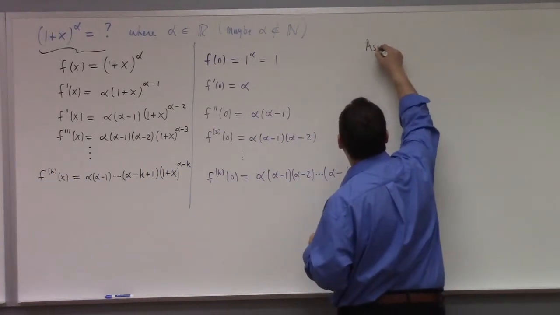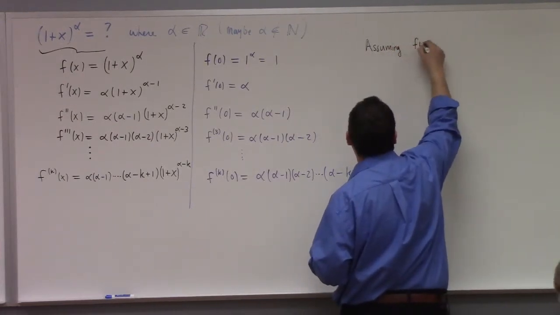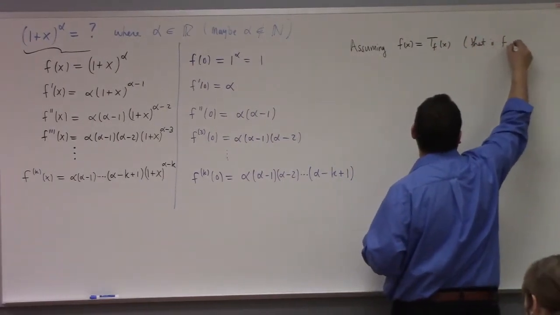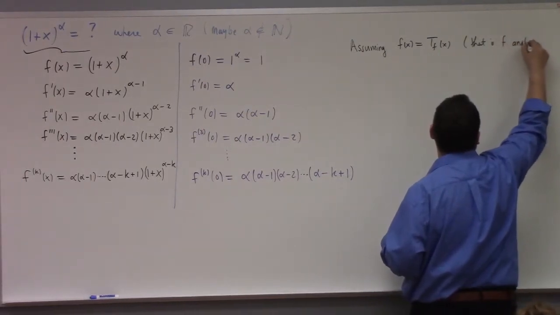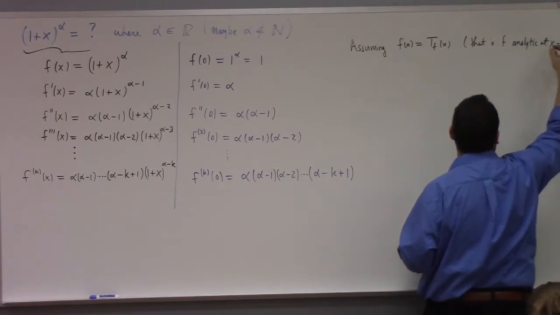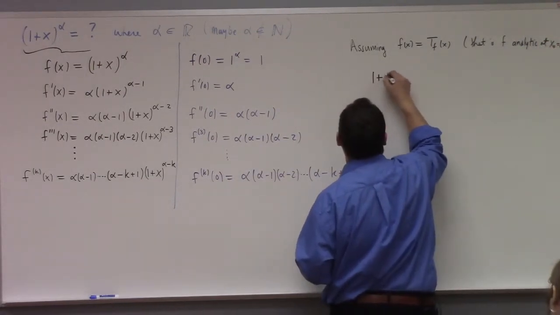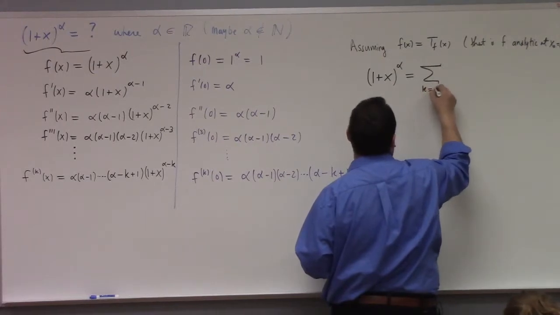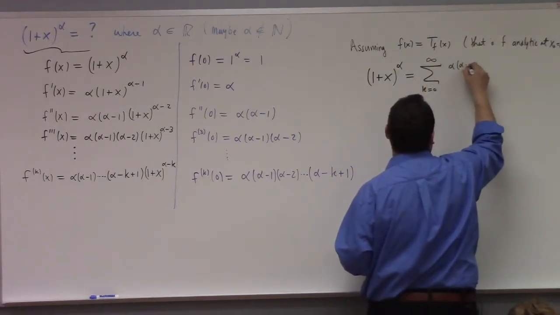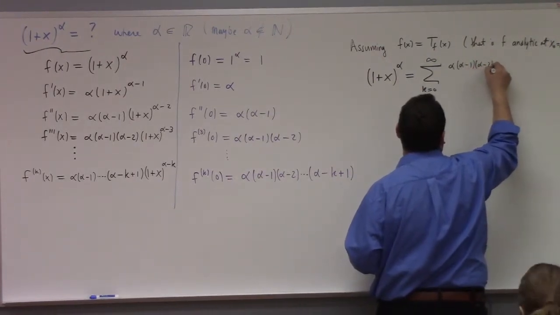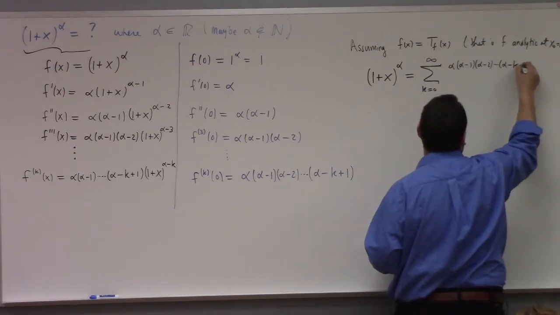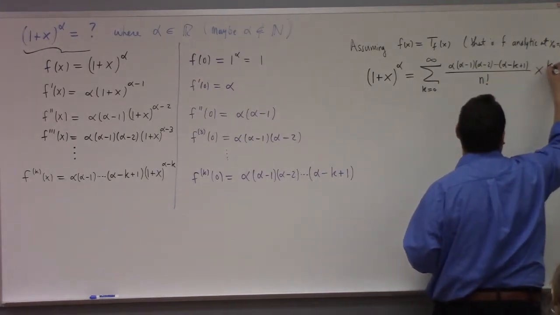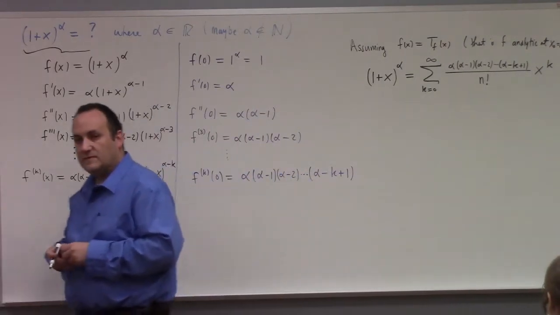Assuming, of course, that f of x is equal to its Taylor series, that is, f is analytic at x equals 0, we have that 1 plus x to the alpha is equal to the sum k equals 0 to infinity of alpha times alpha minus 1 times alpha minus 2 up to alpha minus k plus 1, all divided by k factorial, x to the power k. That is the binomial series.